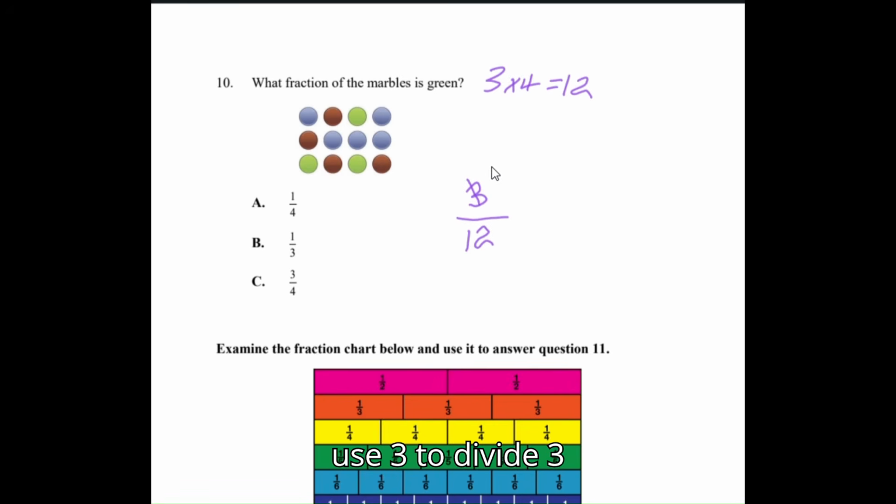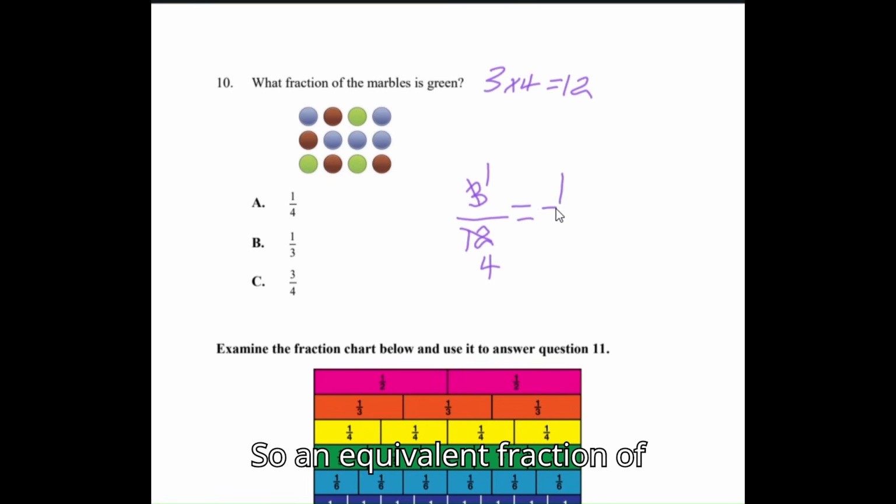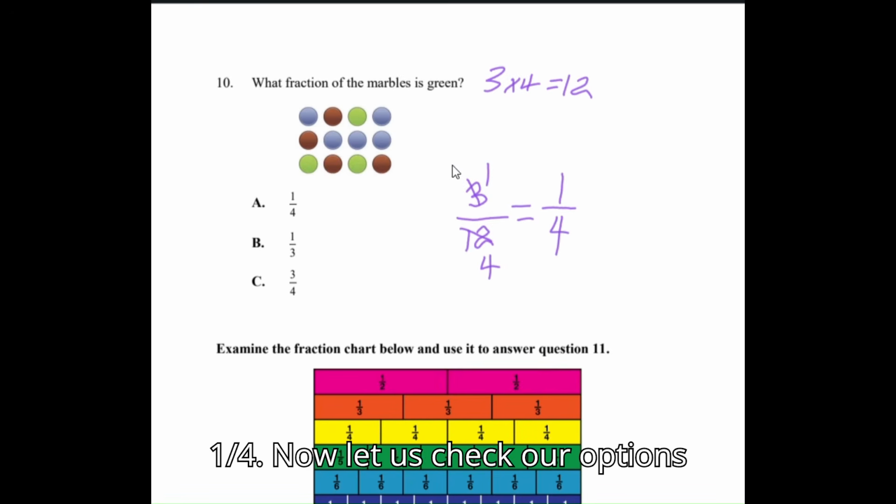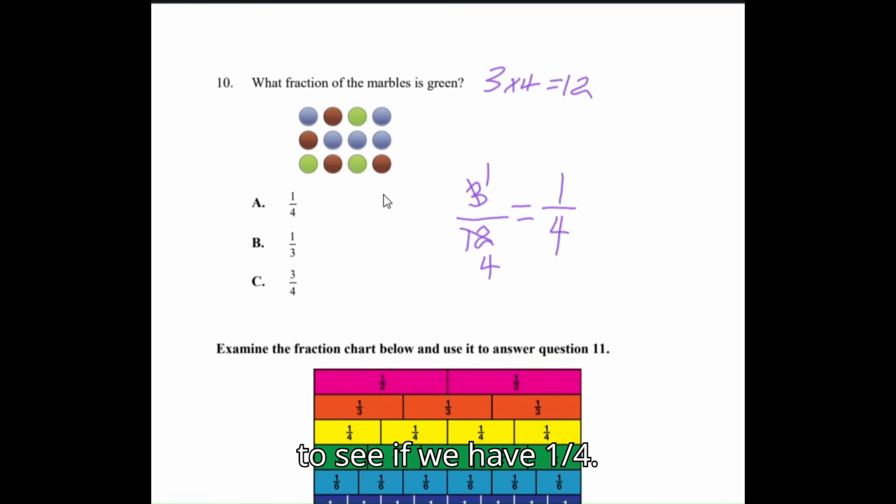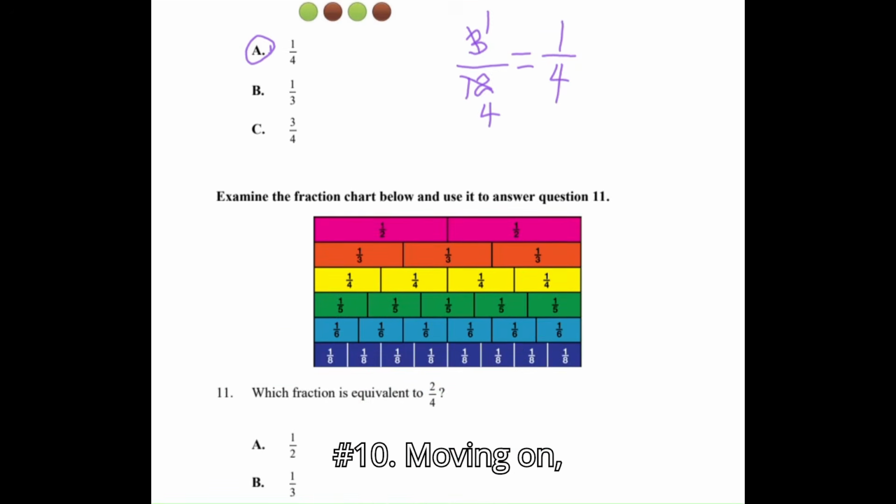So we use 3 to divide 3, and we're left with 1, or it goes into it 1 time, and 3 into 12 goes 4 times, so we are going to write the 4. So an equivalent fraction of 3/12 is a quarter. Now let us check our options to see if we have a quarter. Yes, we do. So option A is the correct answer for number 10.